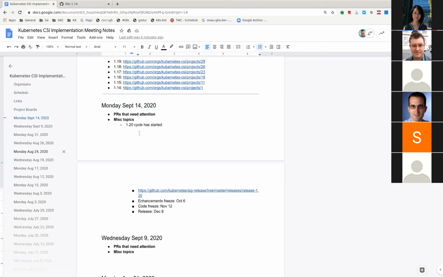All right. Moving on, the next topic is 1.20. Kubernetes has started the 1.20 release cycle. You can find the full set of dates here, but the most important one for us is enhancements freeze, which is October 6th. That is 3 weeks away. Are you serious?